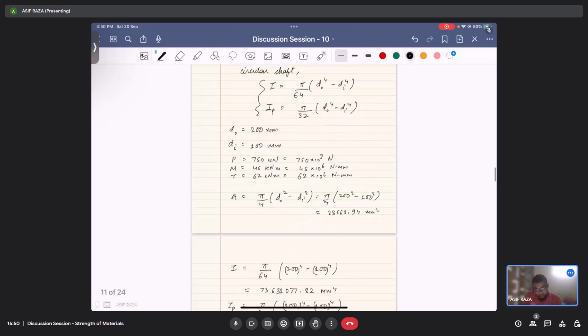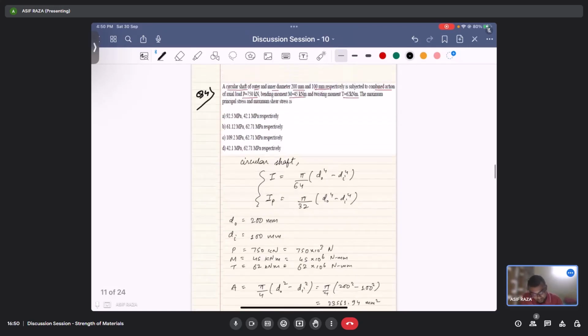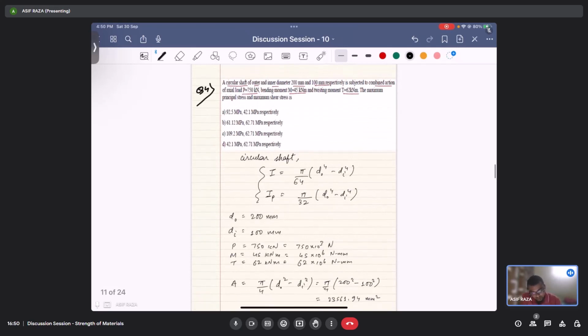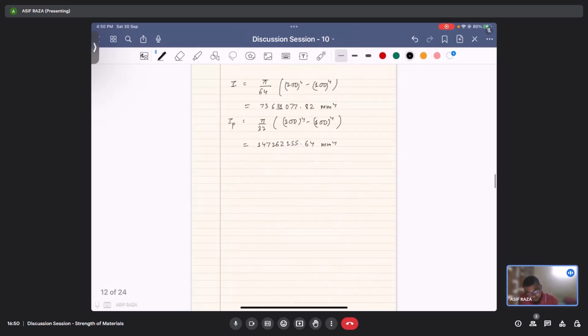Okay. Most of the things are done. Now we need to find maximum principal stresses and maximum shear stresses.